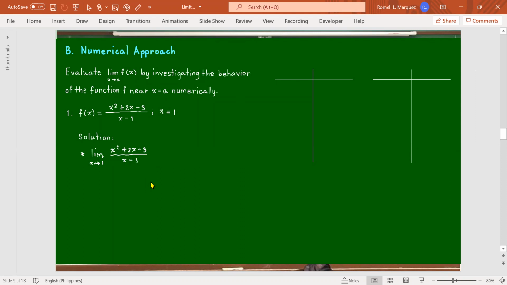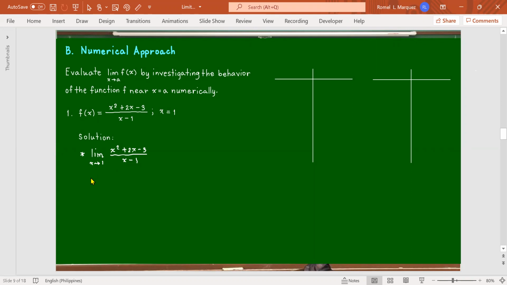Okay? Now let's see if this rational function can still be simplified. If the numerator can be factored such that it contains x minus 1, then we can simplify this, no?